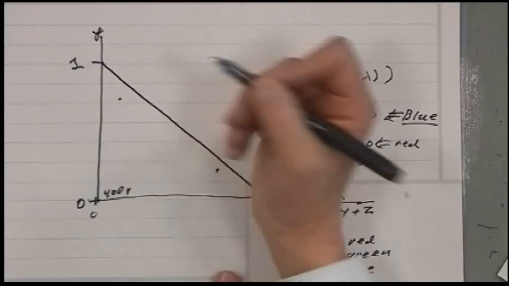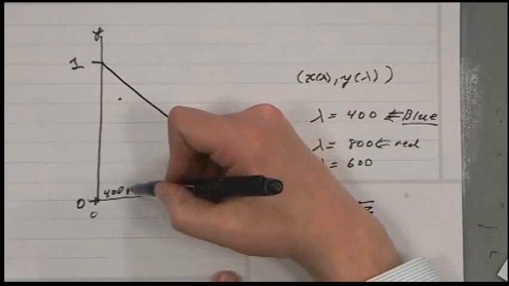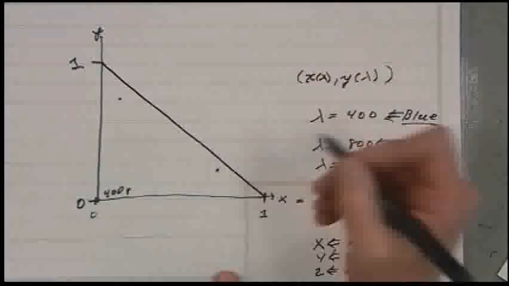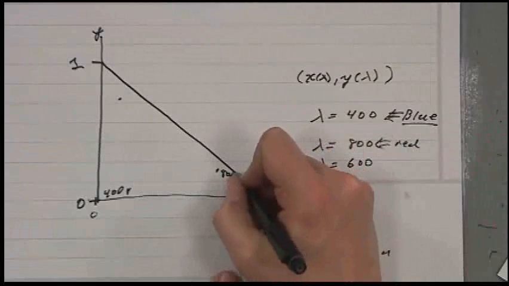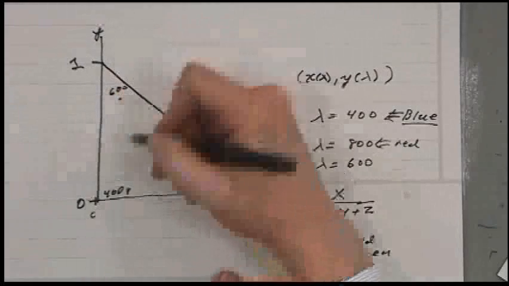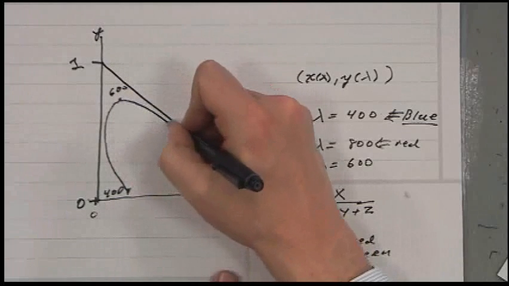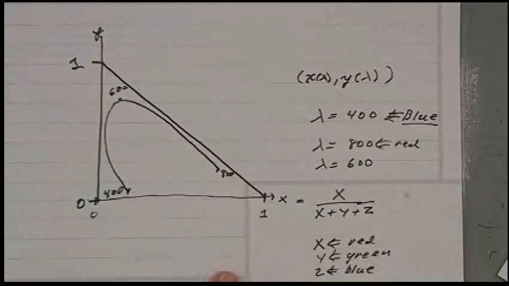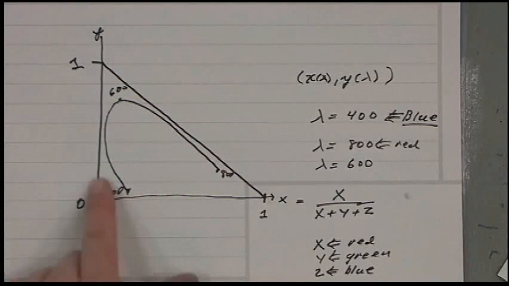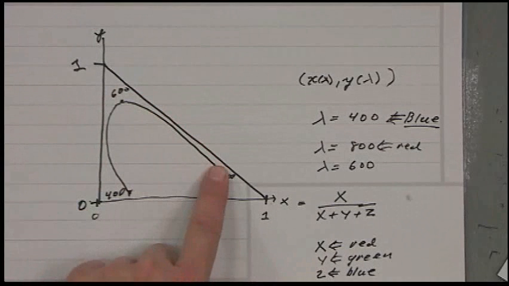So over here will be here, okay? And in the middle, we're going to take a walk. This is 800, and this is 600. So we're going to take a walk, and it's going to kind of go like this. So that's what the spectrum is going to look like in this chromaticity space.